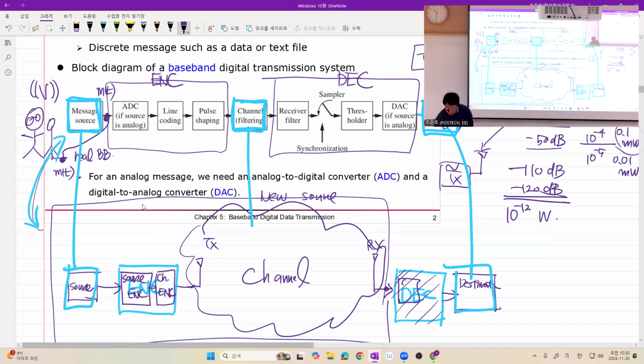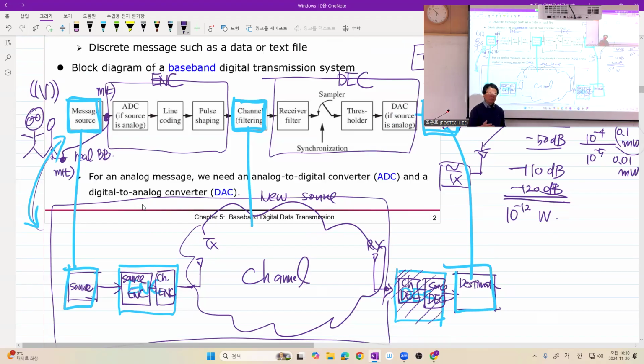And here, channel decoder and source decoder. Usually we have this structure, but not always. Be careful. Got it? Sometimes we cannot easily separate source encoding and channel encoding.